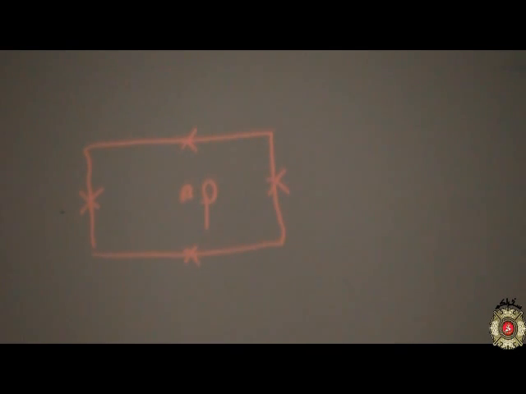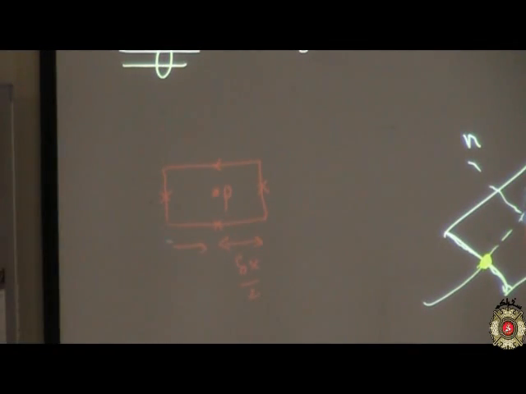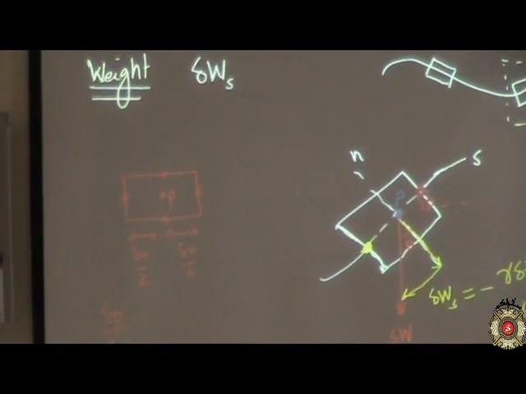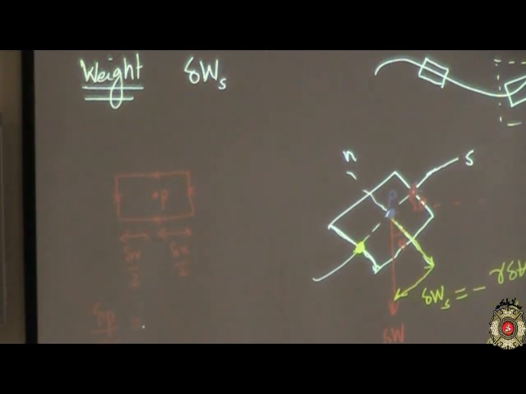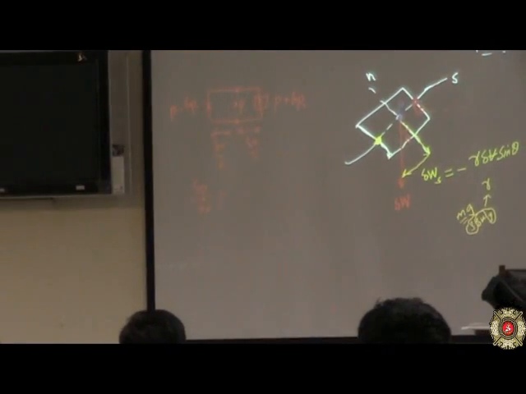Now what we did was, this distance used to be delta x by 2, and we came up with an expression of delta p, delta x, which was approximately equal to something. So we kind of said that this is p plus delta p/delta x, and this is p minus delta p/delta x. Remember that?